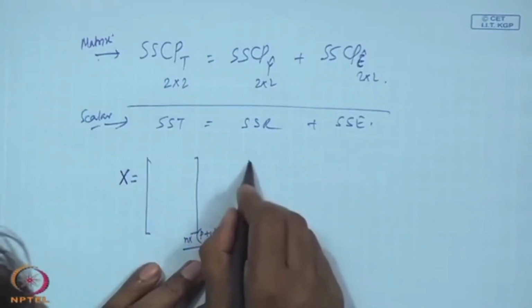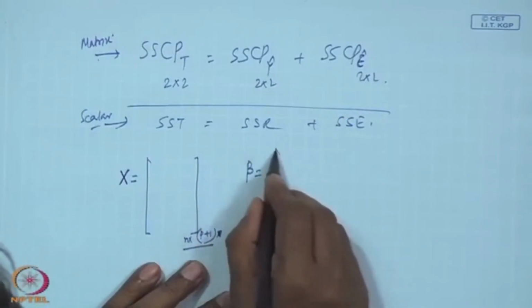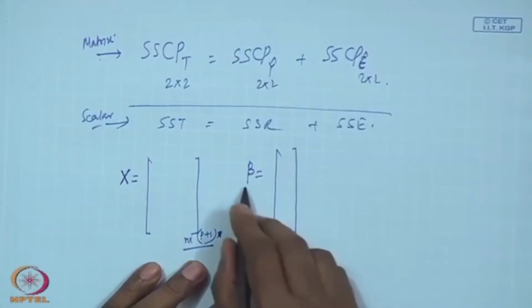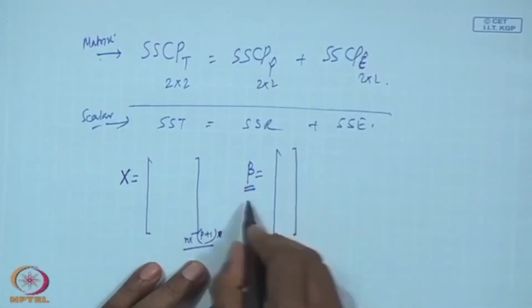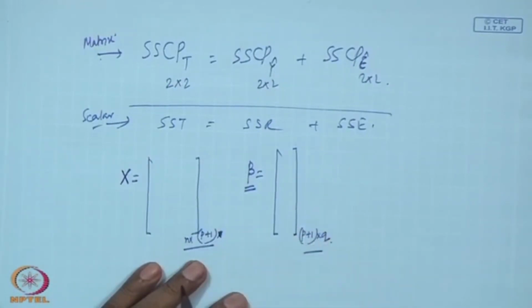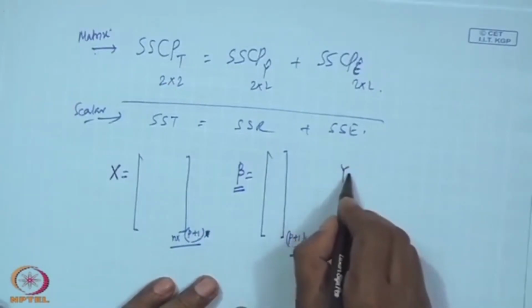So your beta is there, this vector beta, which is P plus 1 cross Q, correct, and your y variable.